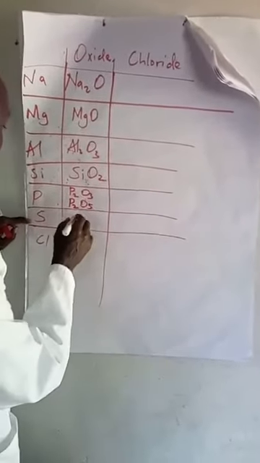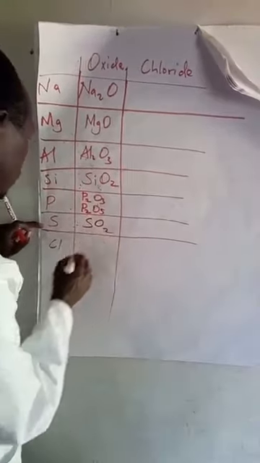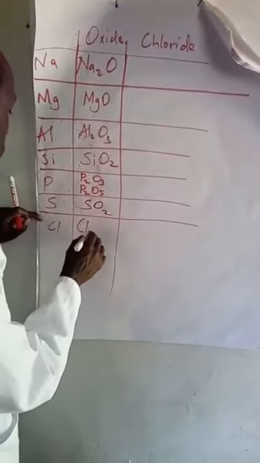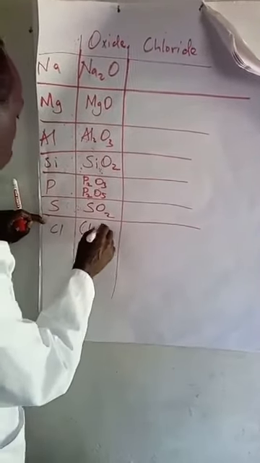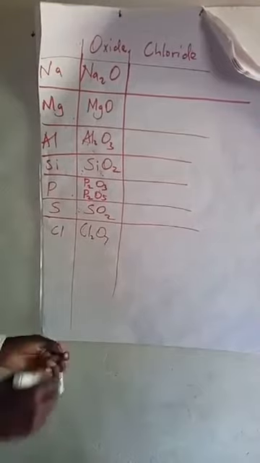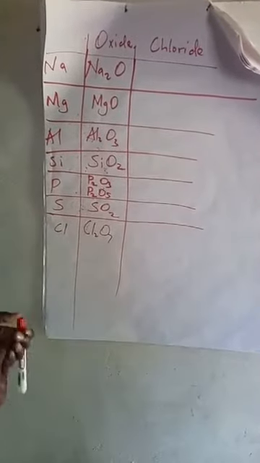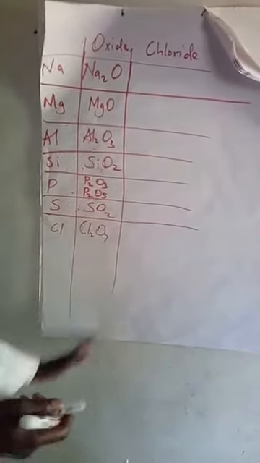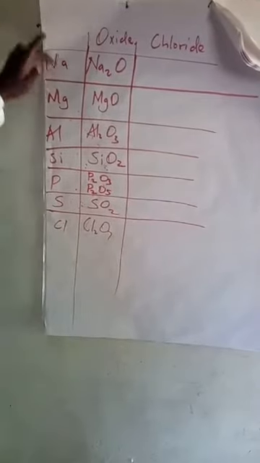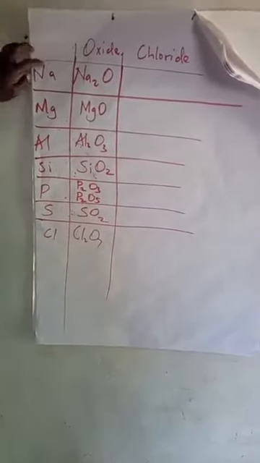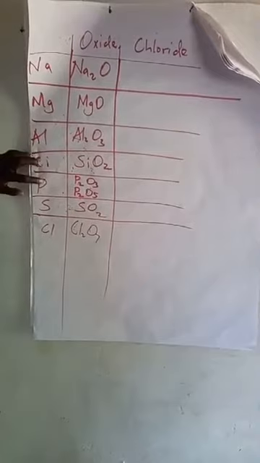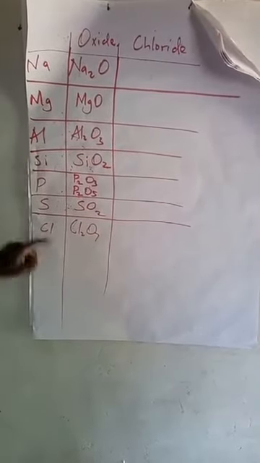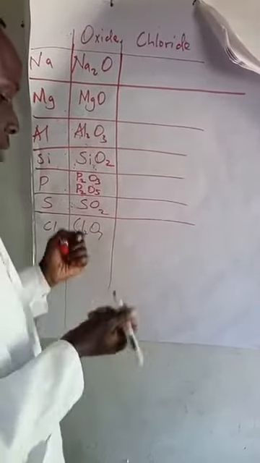Then we have sulfur 4 oxide, and for chlorine we have chlorine oxide. So these are the oxides of elements in period 3: sodium, magnesium, aluminium, silicon, phosphorus, sulfur, and chlorine. Now there are the chlorides.